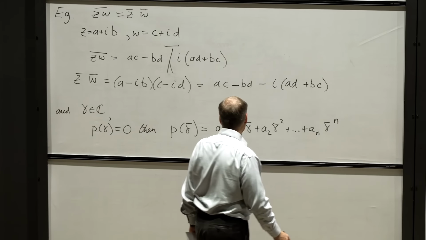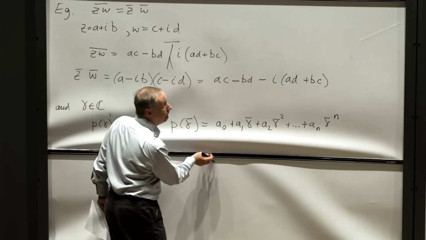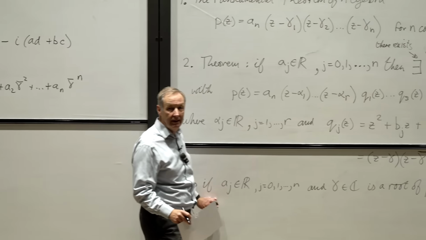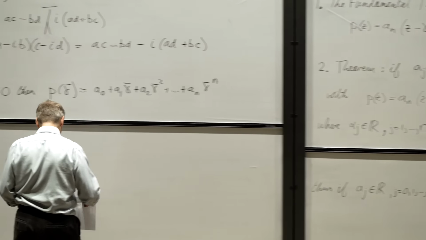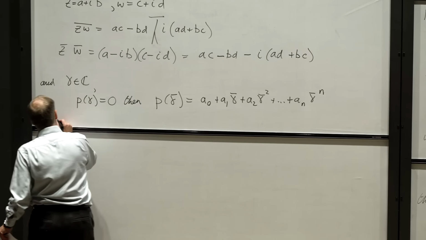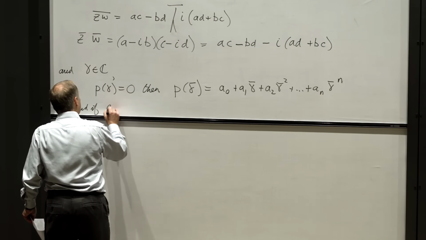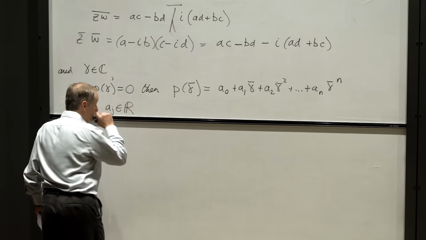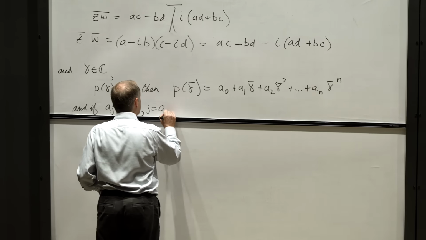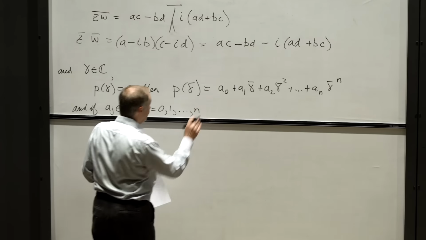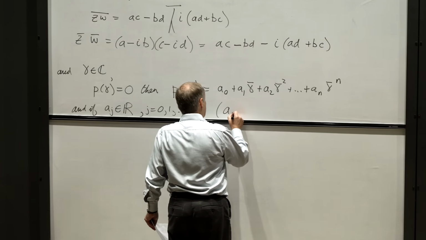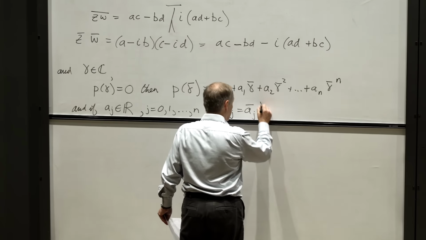Okay, so this is this. And so if the Aj are in fact real, j equals 0, 1 up to n, so all of the coefficients are real, then this means, of course, that Aj is equal to Aj bar.